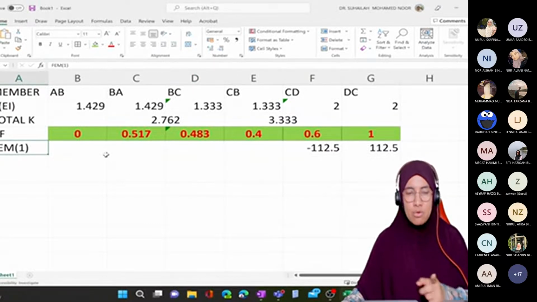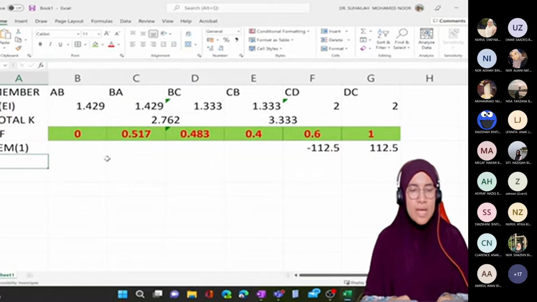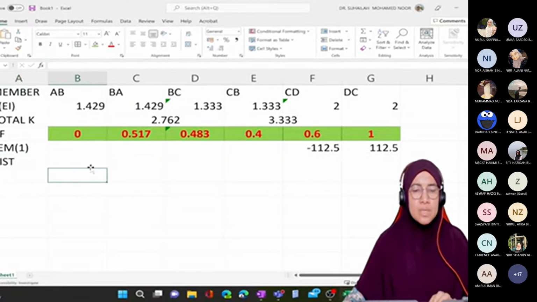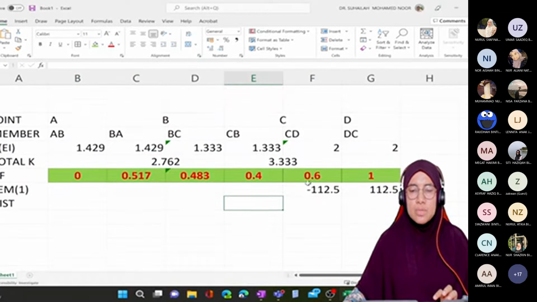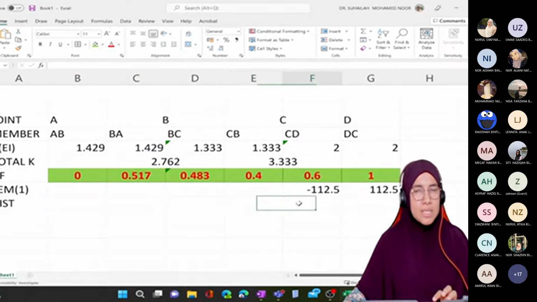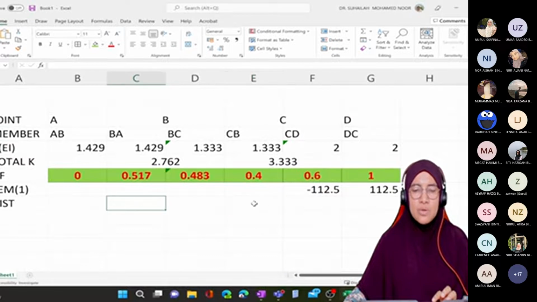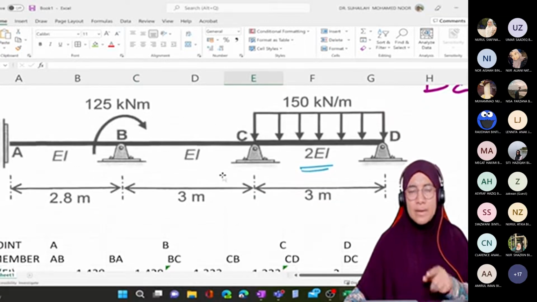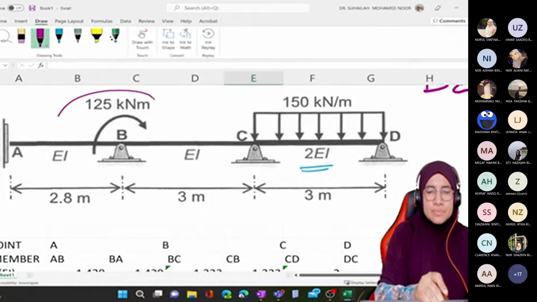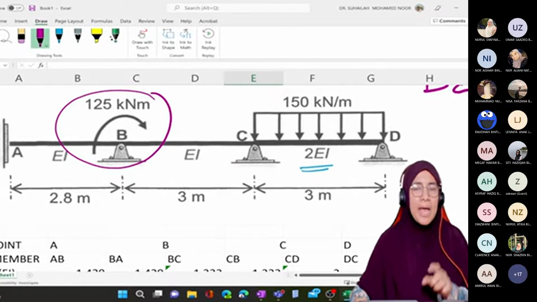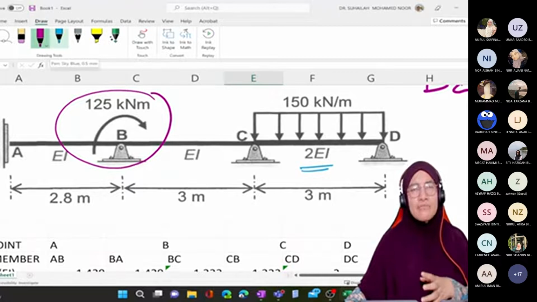So this is FEM1 for external loading. Then we start with distribution. Distribution number 1: total moment at joint C. Just look at the diagram. At B there is a joint moment, and this joint moment we have to distribute in the table.